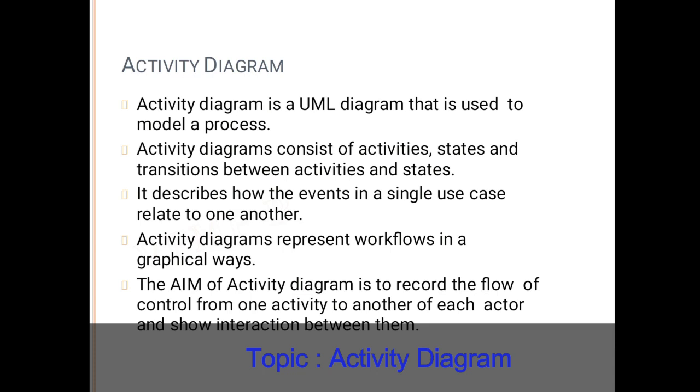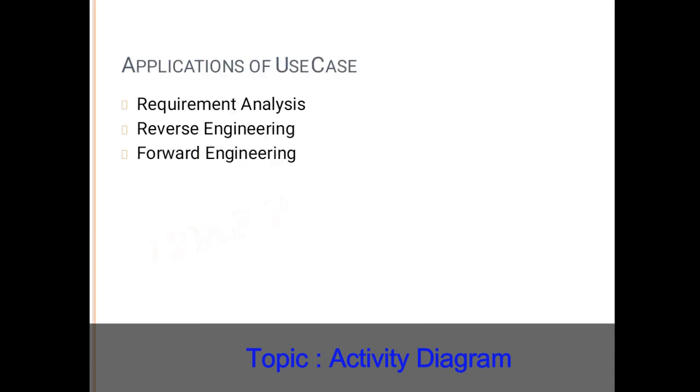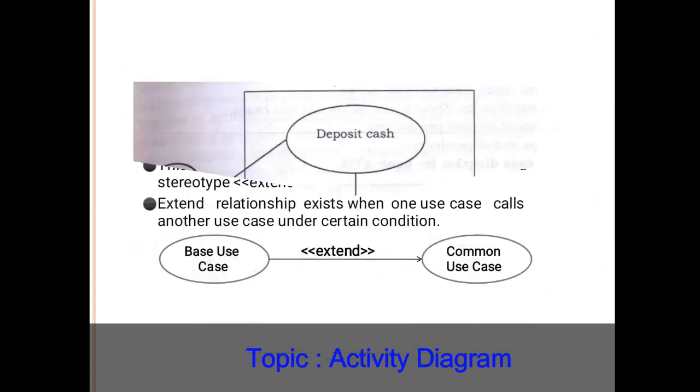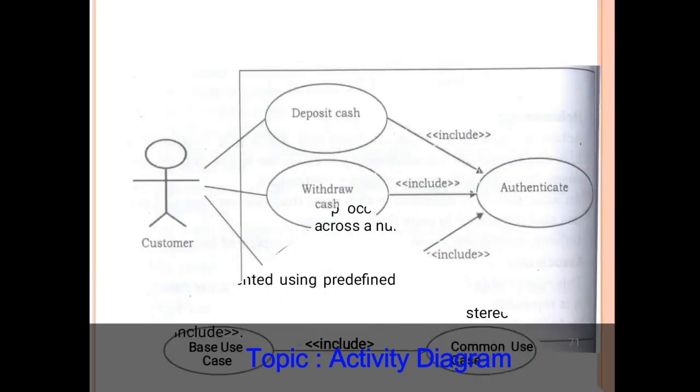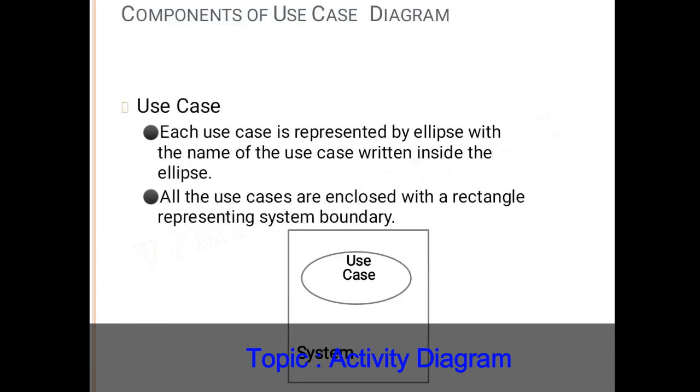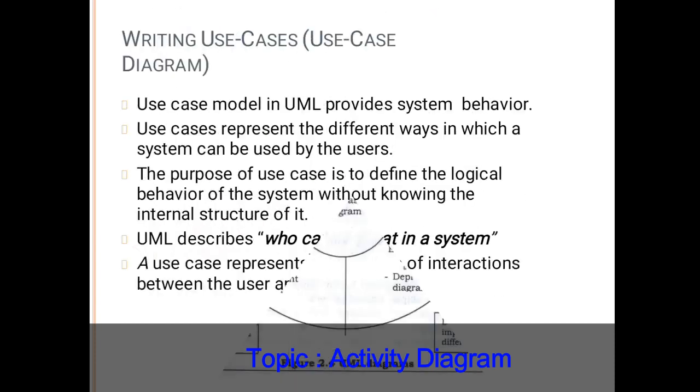What is an activity diagram and how does it work? An activity diagram is a UML diagram that is used to model a process. Once again, an activity diagram is a UML diagram, that means Unified Modeling Language diagram, and UML diagrams include activity diagram, sequence diagram, scenario based diagram, state diagram and so on.